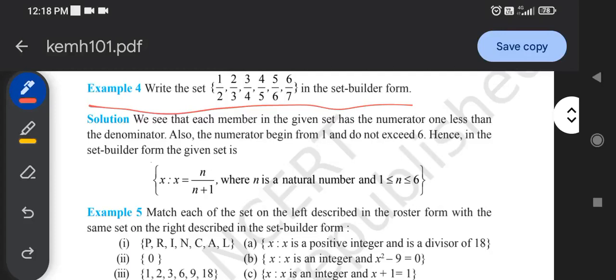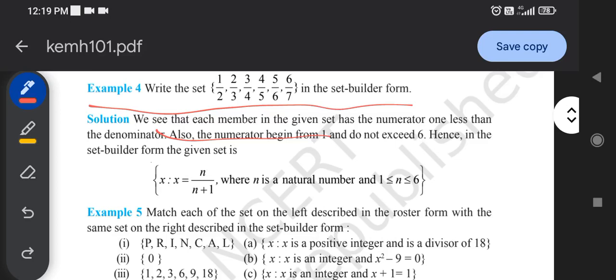Example 4: write the set open brace 1 by 2, 2 by 3, 3 by 4, 4 by 5, 5 by 6, 6 by 7 in set builder form. We see that each member in the given set has the numerator 1 less than the denominator.